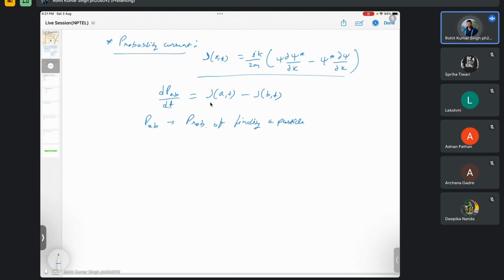So we are talking about one dimension, okay? So just one dimension x, in the range A to B, okay? Just 2 points, at time t. And so then what does this tell you?